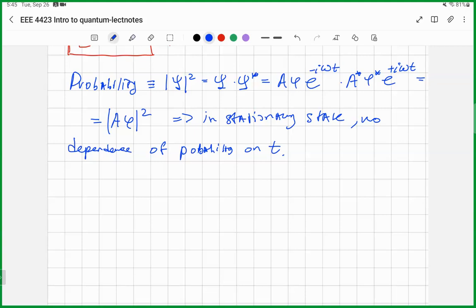Since this Coulomb potential doesn't depend on time, we write down the stationary Schrodinger equation, solve it, and get the eigenvalues of the hydrogen atom, and these eigenvalues are basically the energy states of the hydrogen atom.